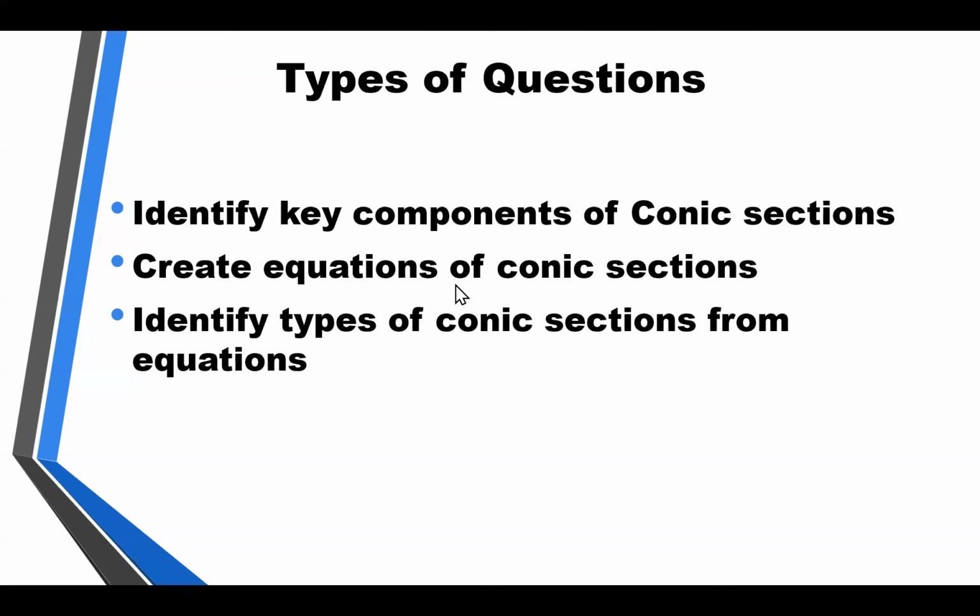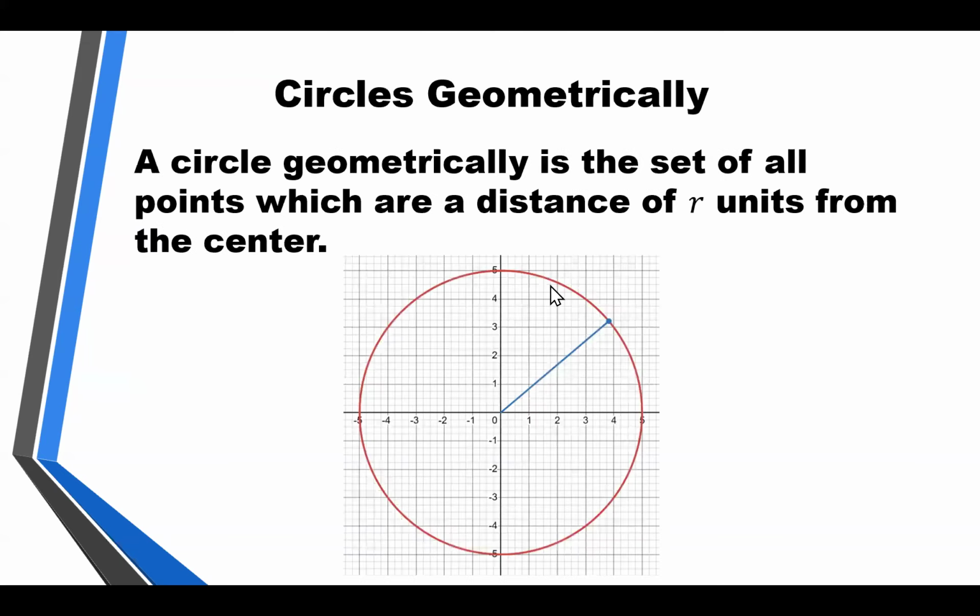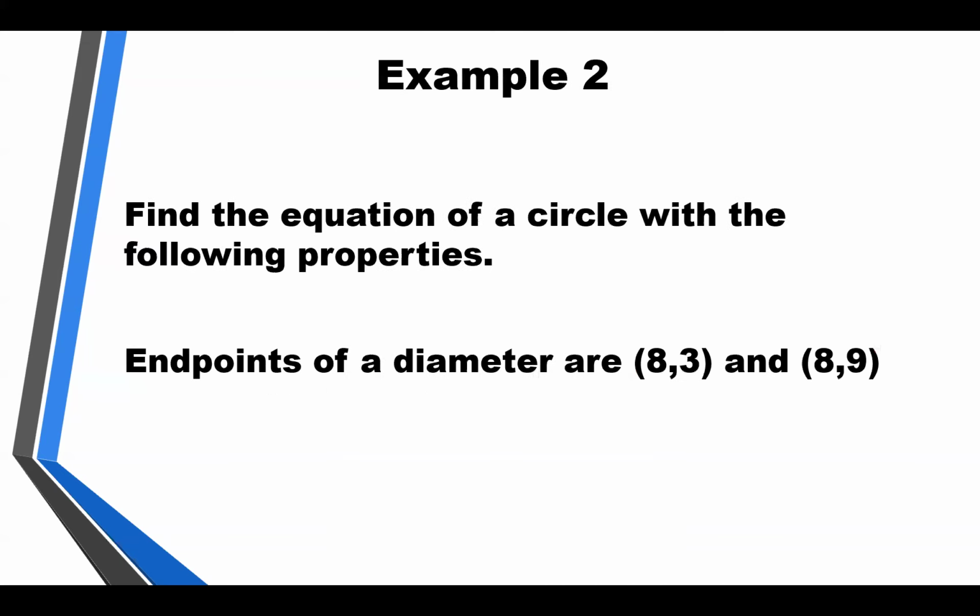I can also create equations. That's the second type of question that we'll do. That's in example 2. It says, find the equation of a circle with the following properties. Endpoints of a diameter are (8, 3) and (8, 9). Let's go through that.